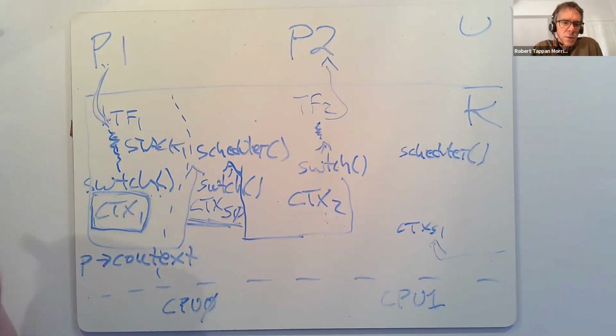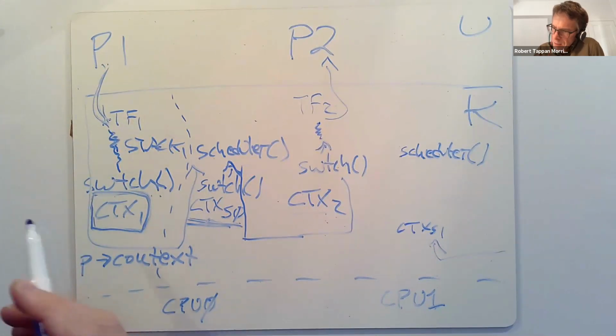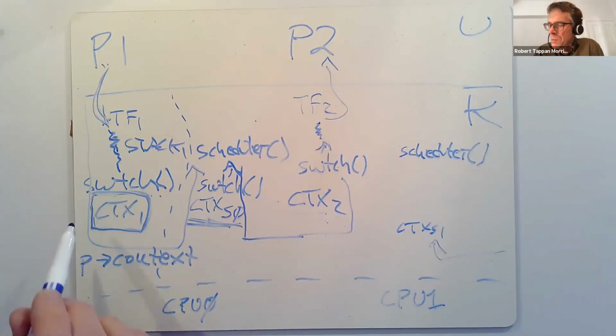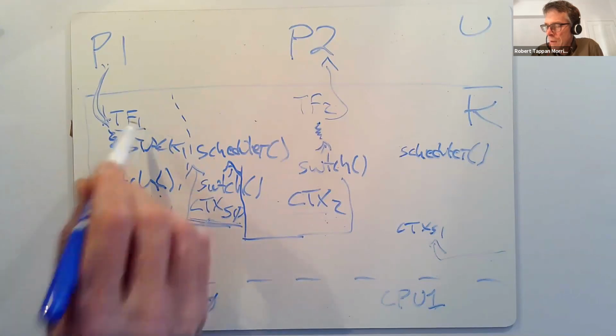Question: why can't we include the registers in the trap frame for the process? Actually, those registers could be stored in the trap frame, because there's only one saved set of kernel thread registers per process. We could save them in any data structure for which there's one instance per process. There's one struct proc per process, there's one trap frame per process.